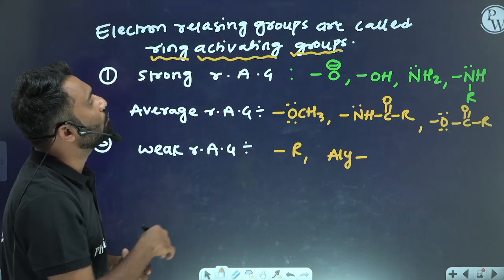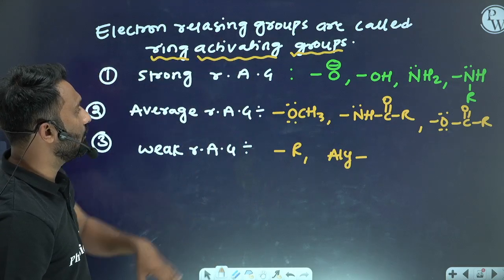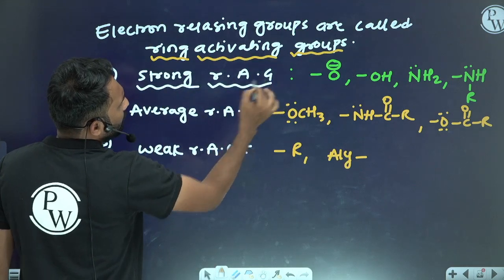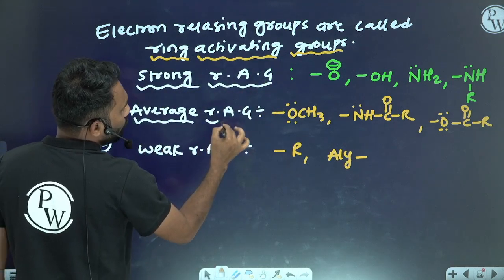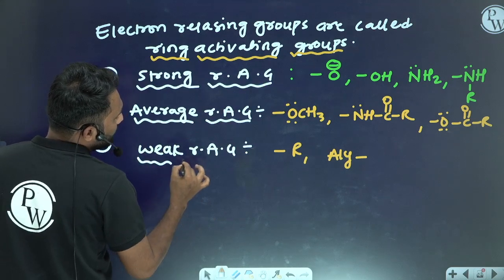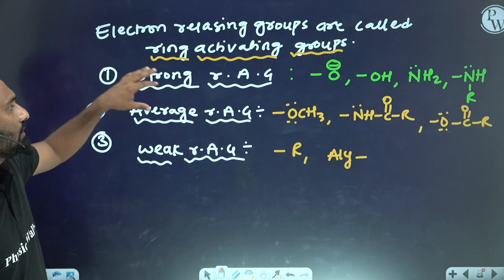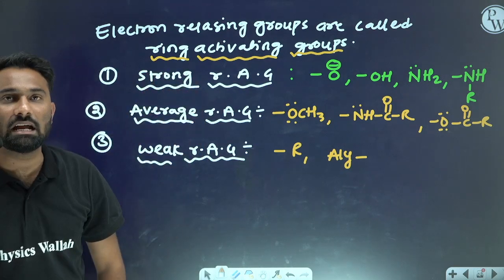Electron releasing groups are also called ring activating groups. Now if you remember these groups, you can predict the answer very fast. Clear? Electron releasing groups are also called ring activating groups.